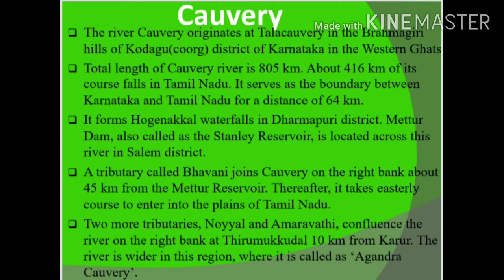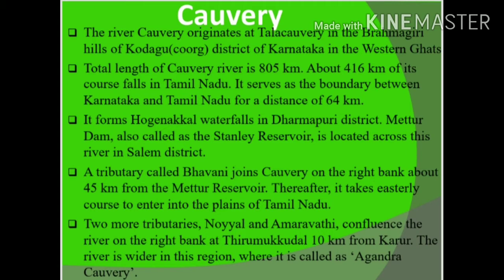River Kaveri originates from Karnataka and drains into our Tamil Nadu. In Tamil Nadu its course covers nearly 416 km, and it forms the Hogenakkal waterfalls in Dharmapuri district. Mettur Dam, also called Stanley Reservoir, is located across this river in Salem district.